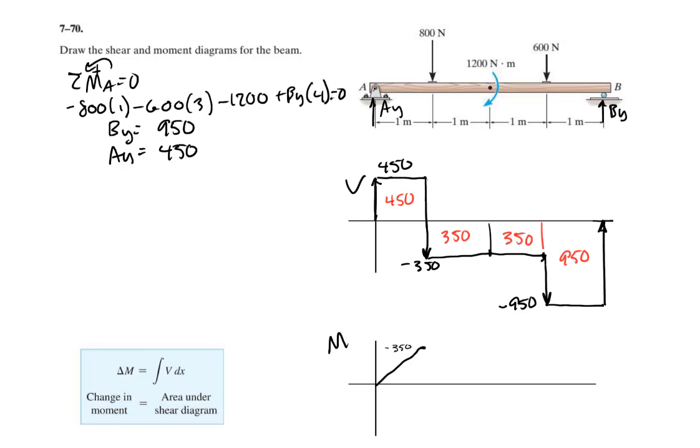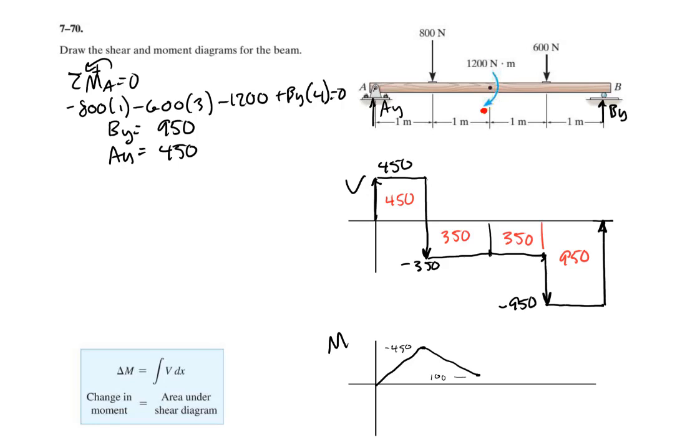Then it decreases 350. So I'm sorry, this goes up to 450. I should have read that better. 450. Then it goes down 350 to 100. So this value is 100. And then what happens? Look carefully at this. This is the applied moment here of 1200.